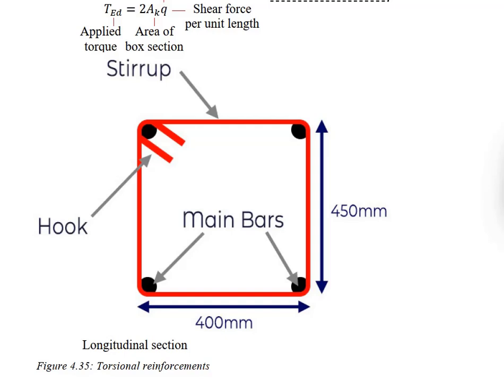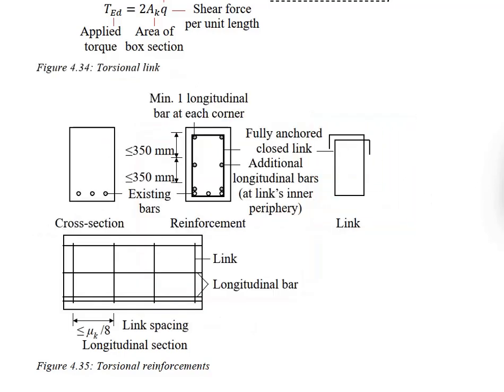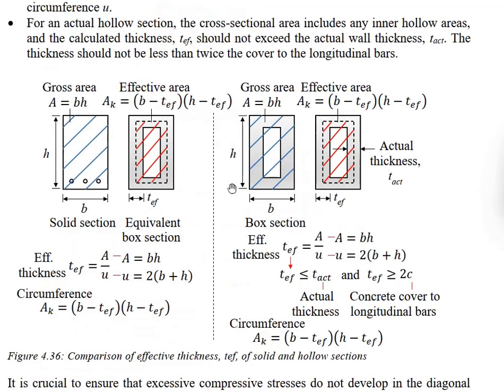Now, if you know that your section is meant to take the torsional load, instead of using this kind of link, you should use this kind of link for better anchorage with concrete and more effective control of the torsional crack. And then the spacing of the link you need to control. The requirement here is the spacing between the links should not exceed the perimeter of the box section divided by 8. We are talking about this distance.